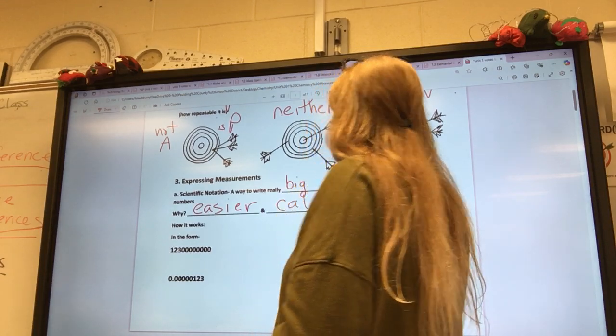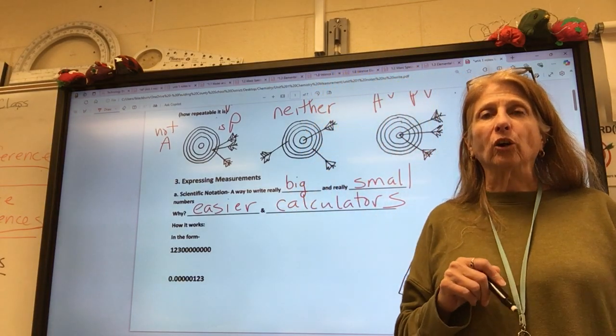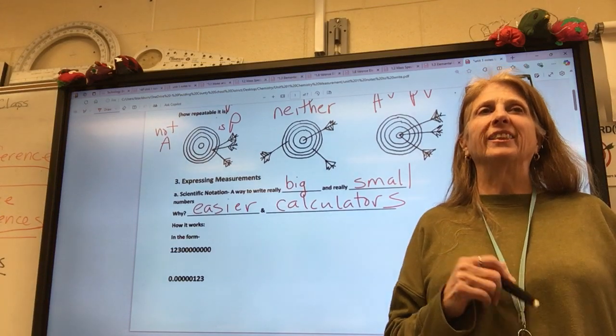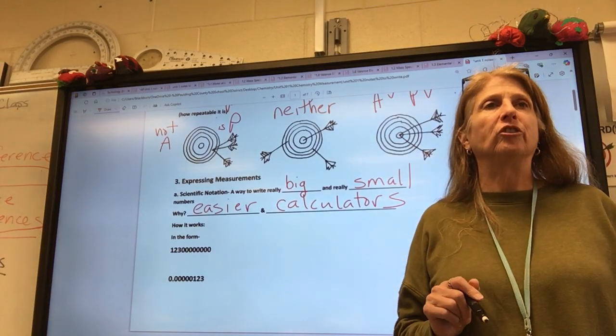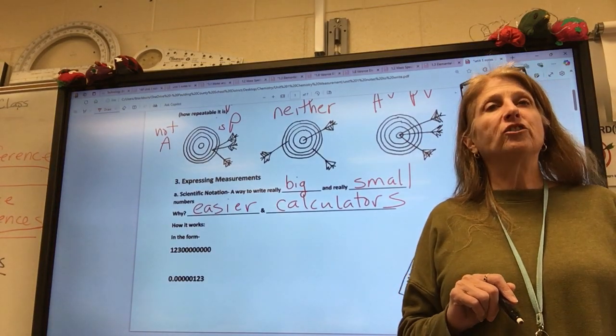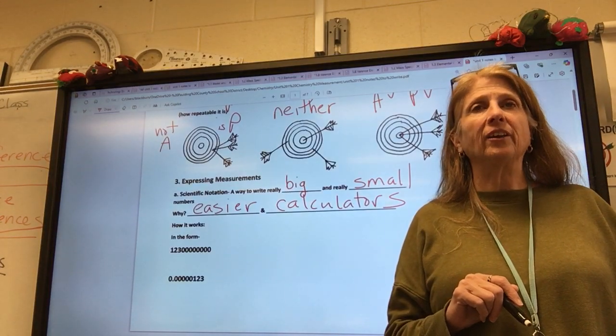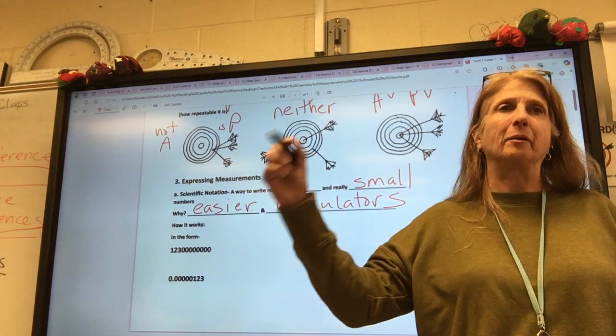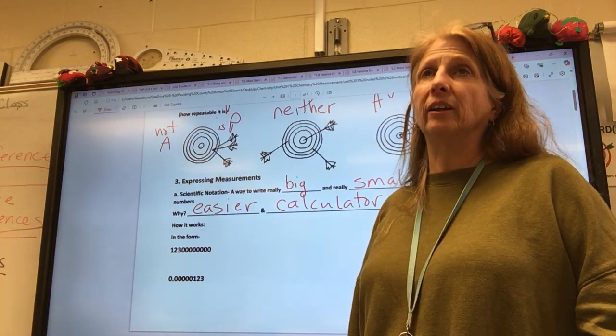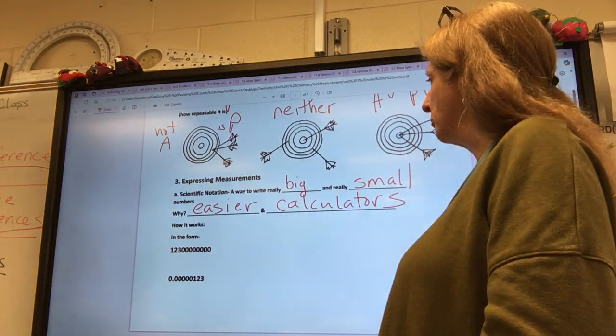Our calculators can do math on bigger and smaller numbers than the display can show if you just typed them in regular. Did y'all learn about scientific notation in your math classes? Some of you, yes. I used to teach it, if you look at my math classes on YouTube, I taught it in pre-algebra and algebra 1.